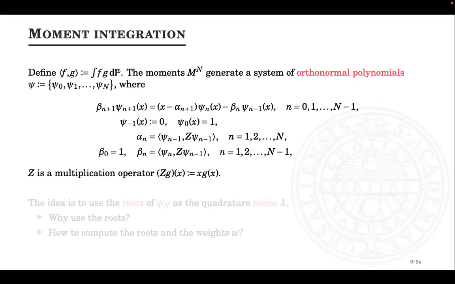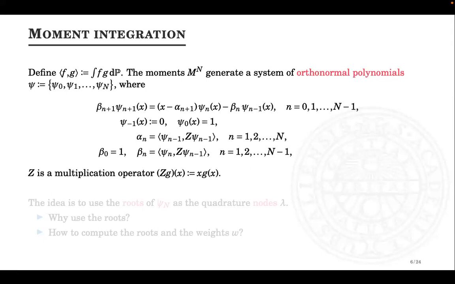This recurrence relation has coefficients alpha and beta. So C0 to Cn are orthogonal polynomials in the sense that the inner product between them is either 0 or 1.